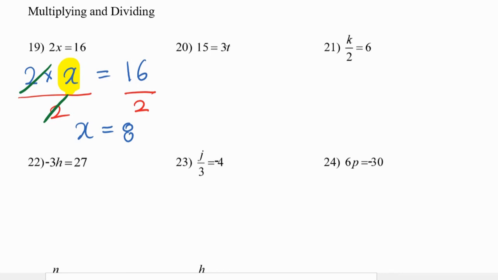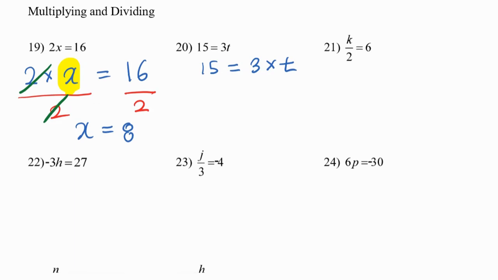And I have 15 equals 3t. So everyone, what's hiding in between 3 and t? Multiplication. So if you rewrite it, that is 15 equals 3 times t. Alright, so what we're going to do is isolate t.